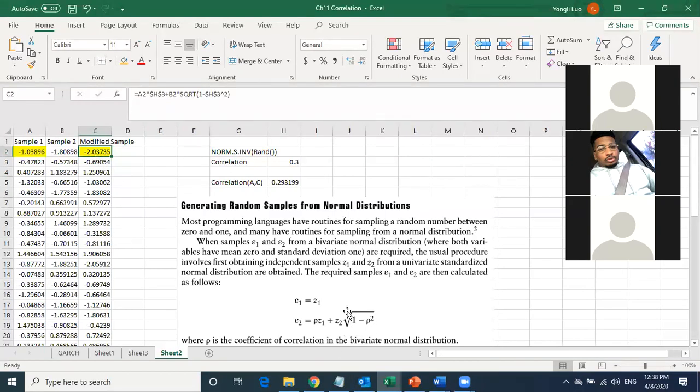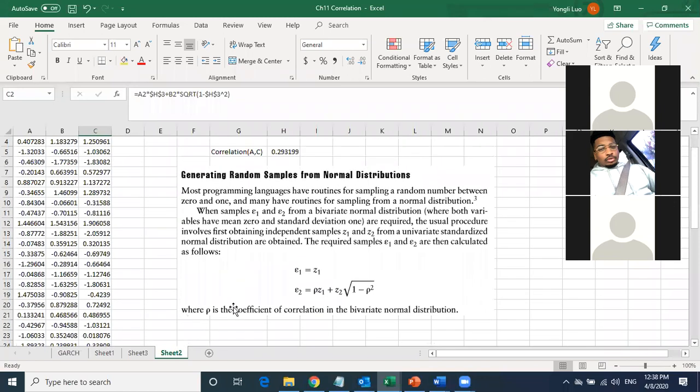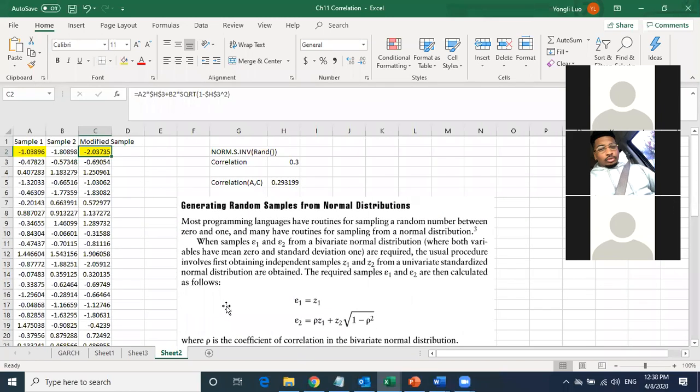Using this formula, the sample will have a correlation of 0.3 with your random sample. This is very convenient when you need a random sample with a fixed correlation with another sample.